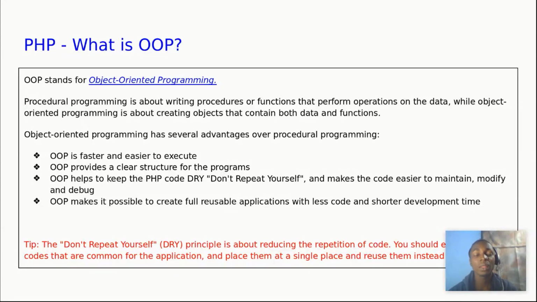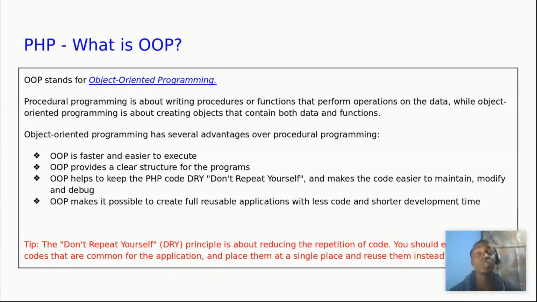Reusability is one thing that should be considered each time we are building applications. How reusable is it? Can you use it for another project? Maybe you write a particular class. When I say class, I am talking about OOP. We'll come to that. You write a particular class that you can use in another project.